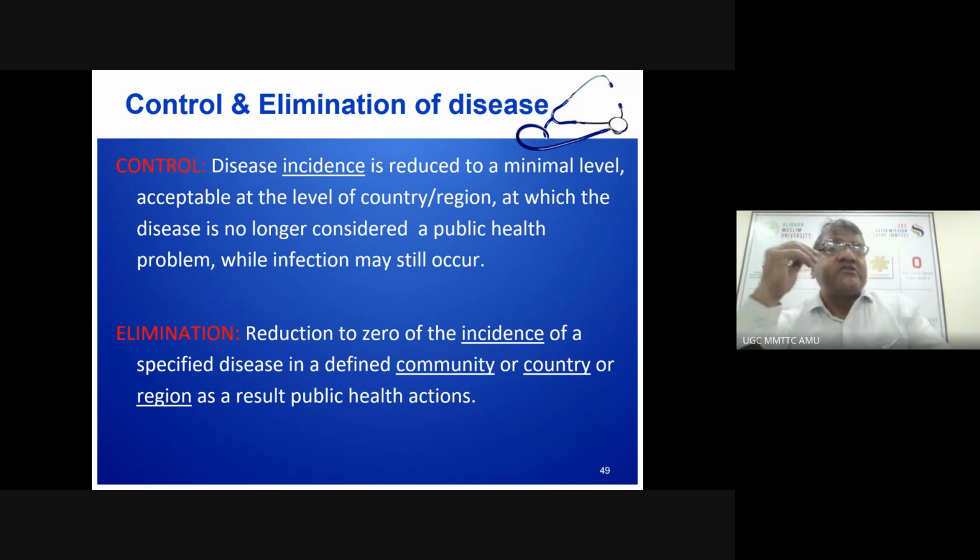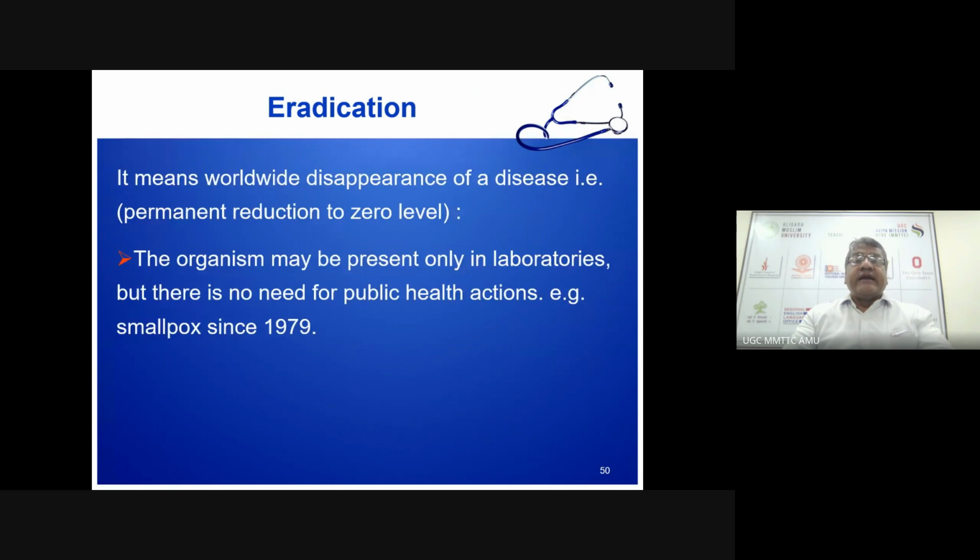Now, this is the definition of the control and elimination of disease. In control, disease incidence is reduced to a minimum level. Elimination is the reduction to zero of incidence of a specific disease in an identified community or country region as a result of public health action. Eradication means worldwide disappearance of a disease.